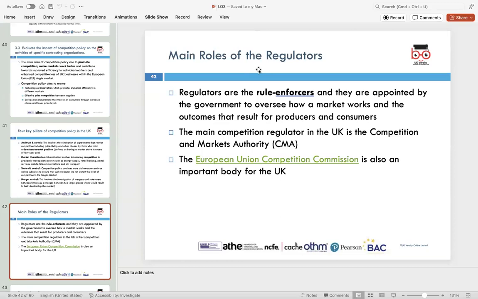The Competition and Markets Authority, CMA, is the primary regulatory body in the United Kingdom. The Commission of the European Union is also an important body for the UK.